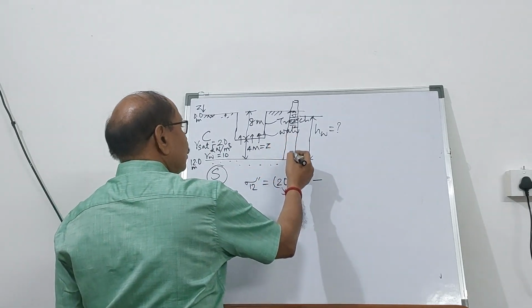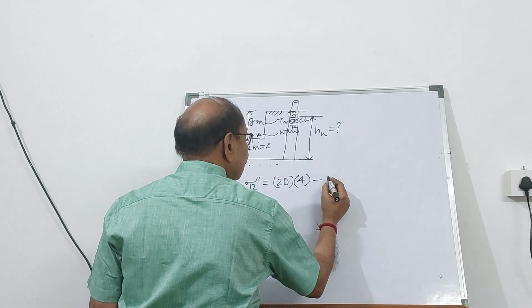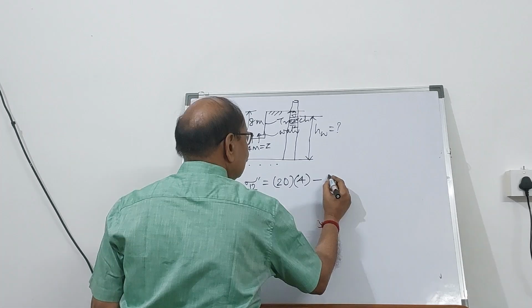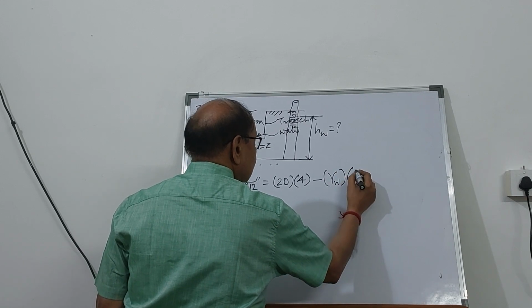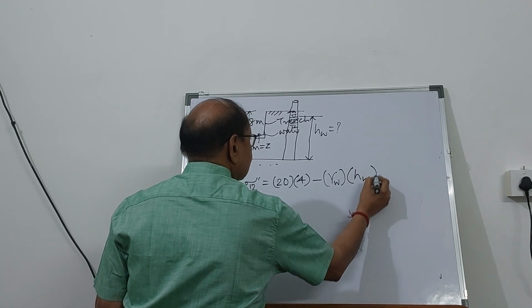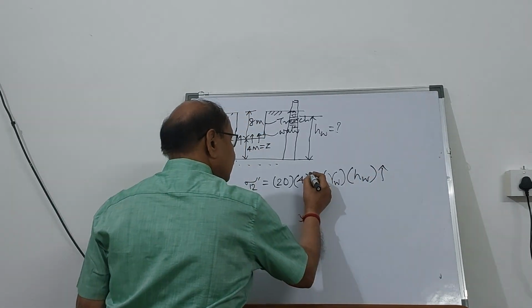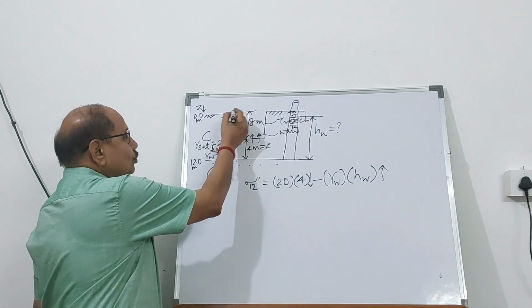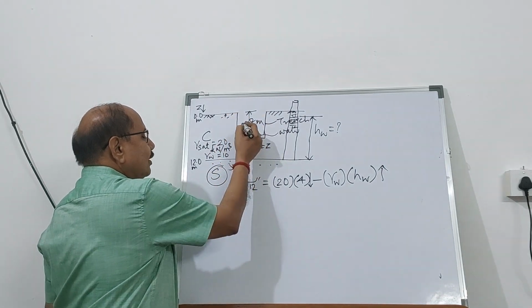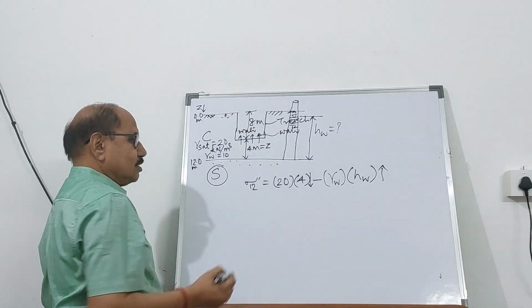Now, the pressure which is acting in the upward direction is going to be unit weight of water into height of water in the upward direction. And this is in the downward direction. So when I dig a trench, the water is oozing out in this.